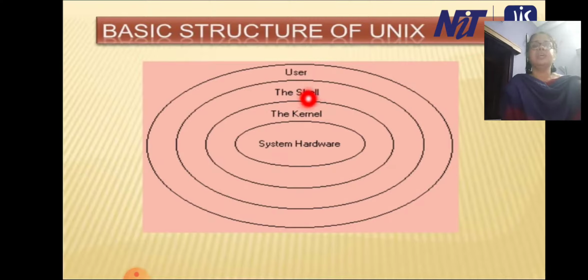Shell is the intermediate between kernel and user. Similarly, the kernel is the intermediate between the shell and the system hardware. System hardware is the core, or the most important part, of the basic structure.